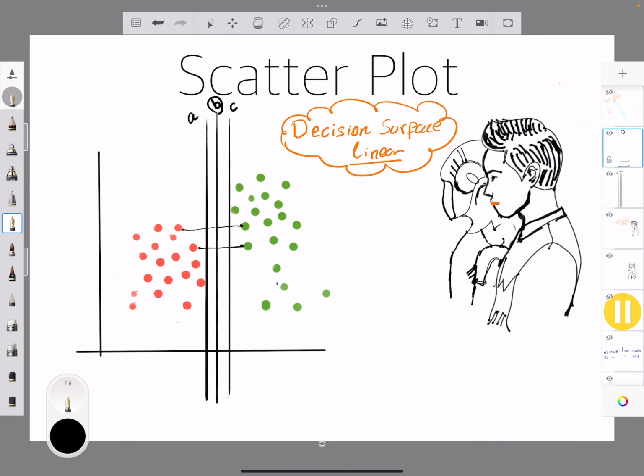There is a name for that. It's the line that maximizes the distance to the nearest point in either class. The distance is often called margin. We're going to get to that later in this course, but I'm going to call it margin.